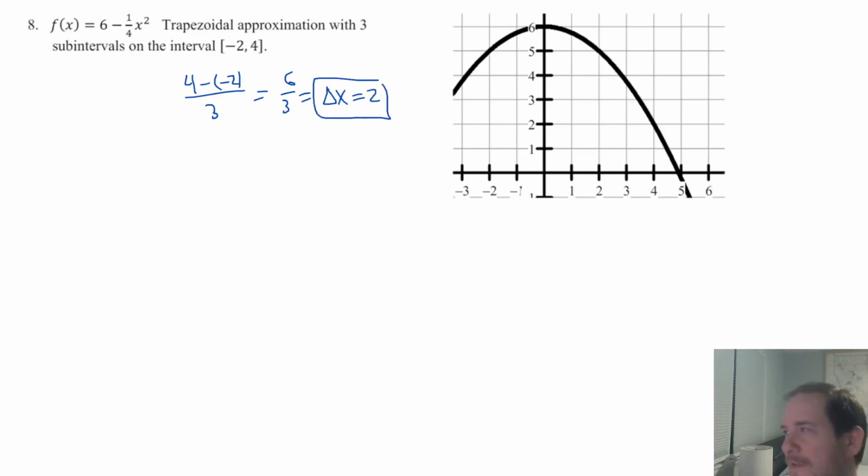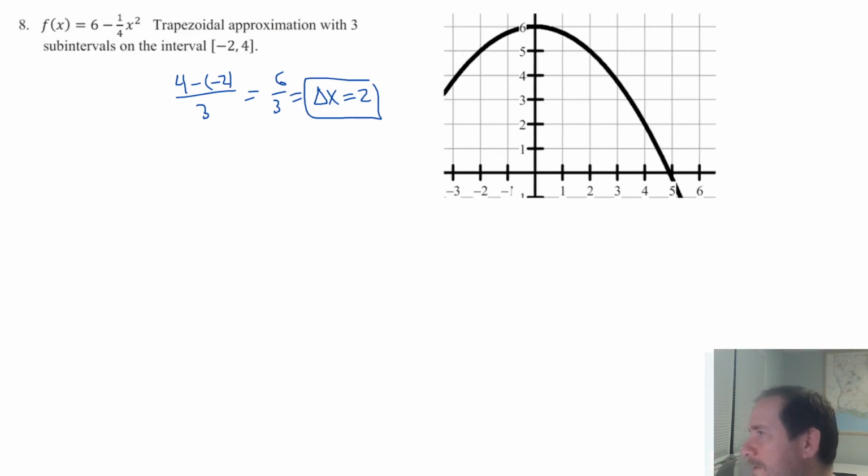So I could get started on that right now. We'll start to just draw some lines. Starting at -2, we can drop a line. Then we know our delta x is 2, so the next one would be at 0, and the next one would be at 2, and then the next one would be at 4. So these 4 lines cut our interval into 1, 2, 3 subintervals, which is perfect.